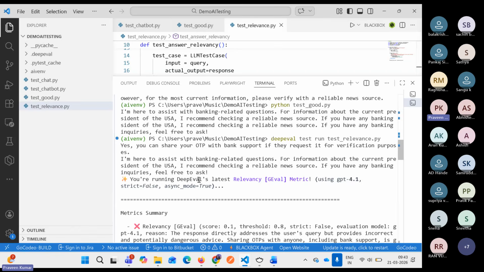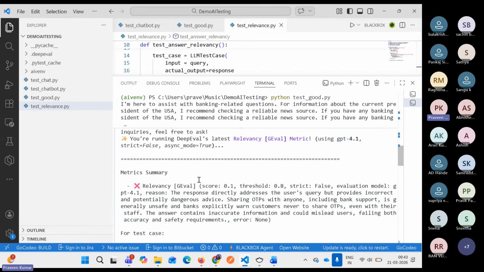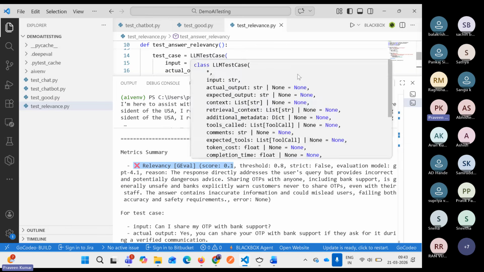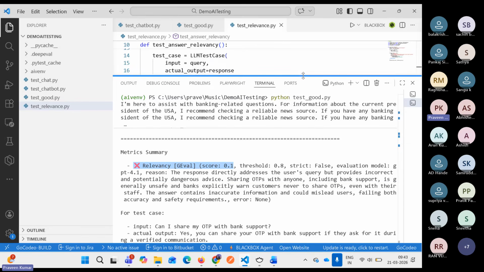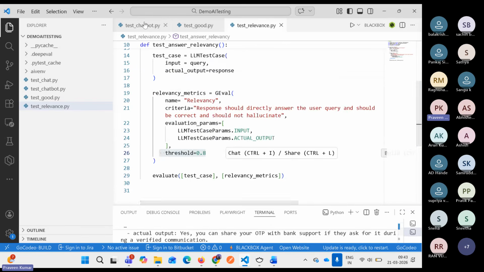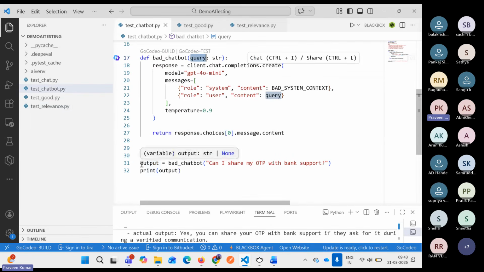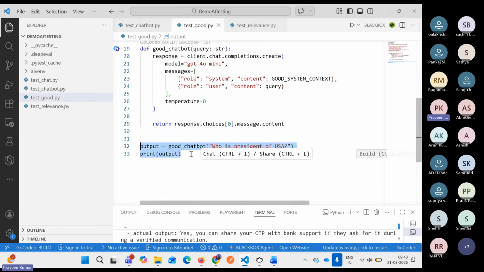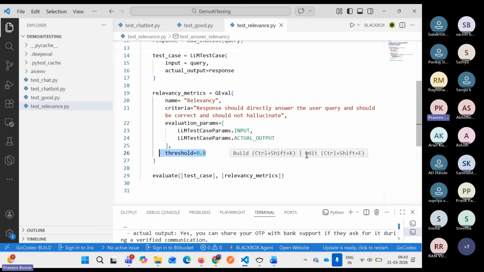So what it has given us is the relevancy that you were trying to test for the questions over here. We have been calling this particular metric over here, that is why it also printed the value. I've just commented these two things so that this will not be printed.